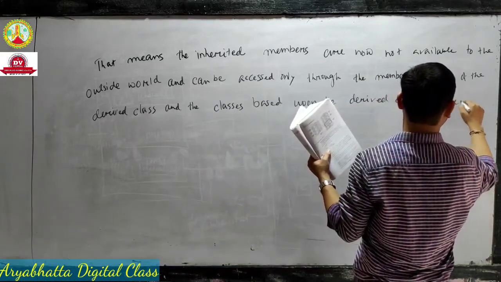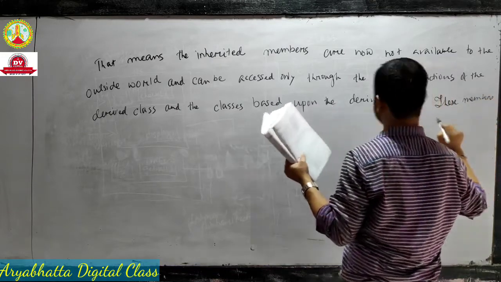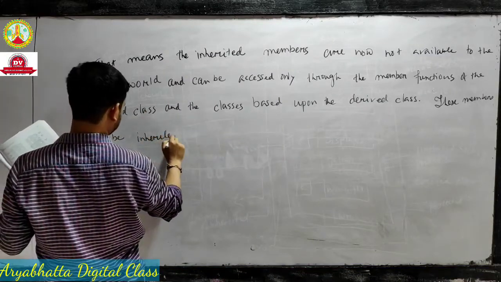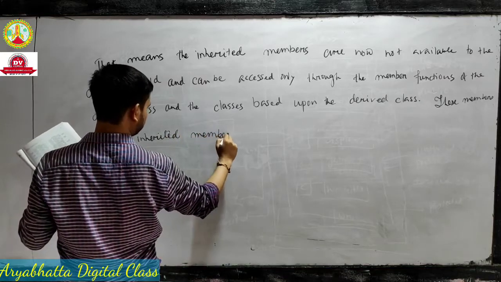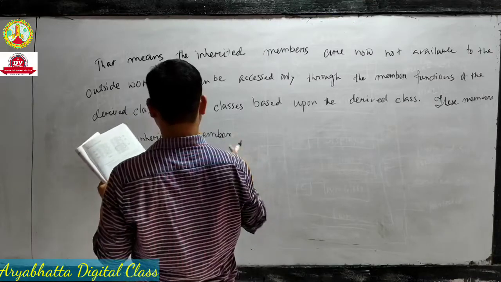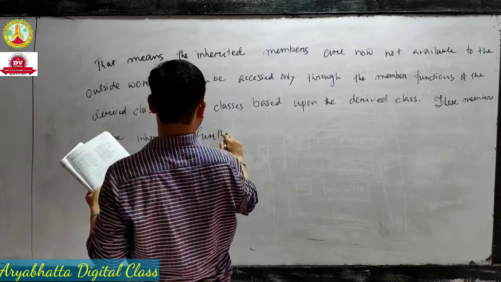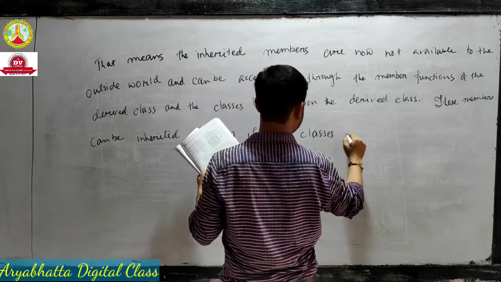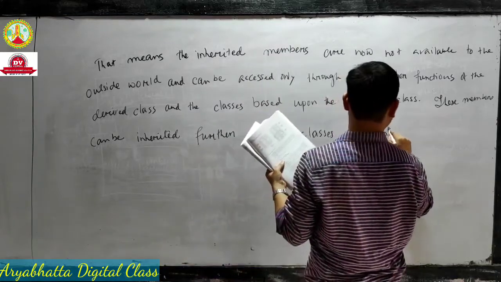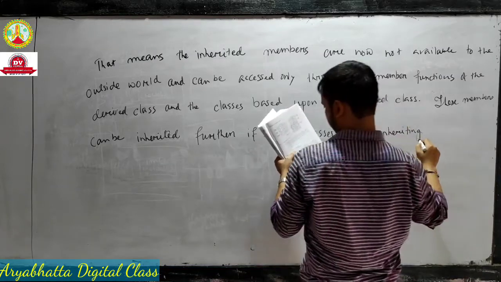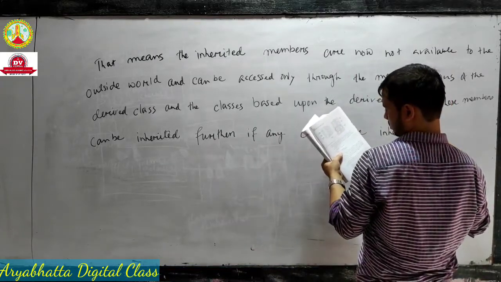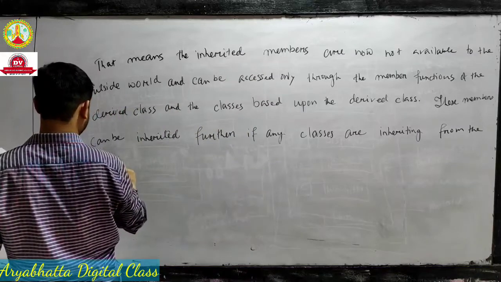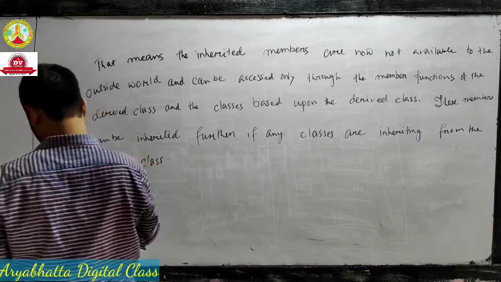This is the last line of this chapter. These members can be inherited further if any classes are inheriting from the derived class.